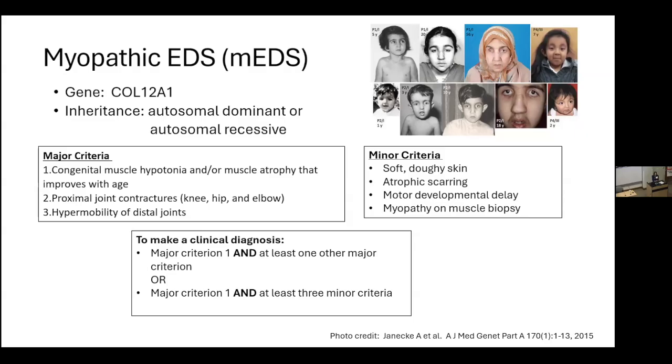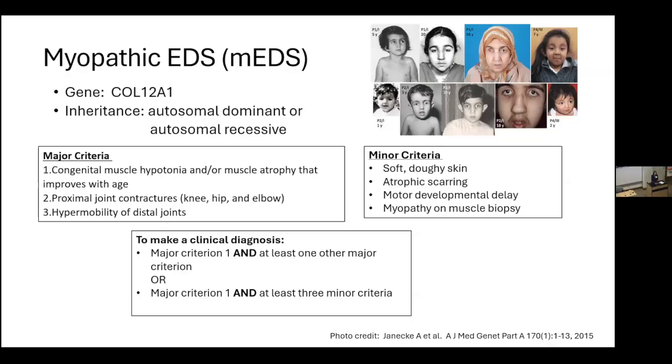The myopathic type is caused by pathogenic variants in COL12A1. And this is the only one of the 13 types of Ehlers-Danlos syndrome that can be inherited as either autosomal dominant or autosomal recessive.